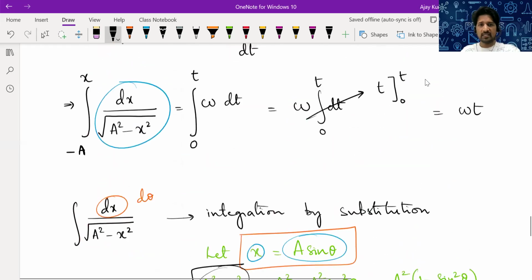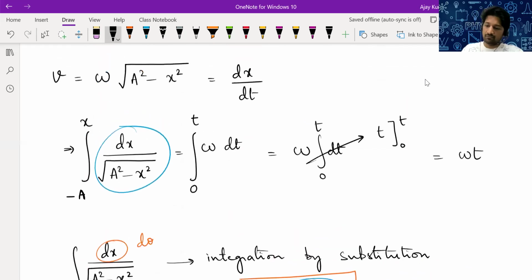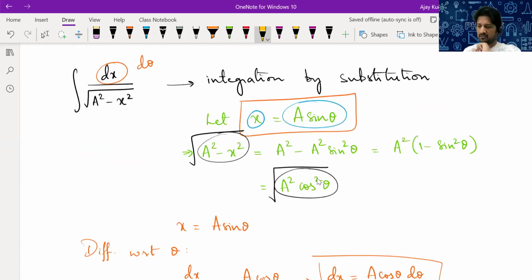Now, when we began this integration, we knew the limits for x. We took the initial position as negative extreme, final position as some random position x. These are the limits for x. But when you change the variable, you have to change the limits according to the variable. Now we took x as a sine theta, no?